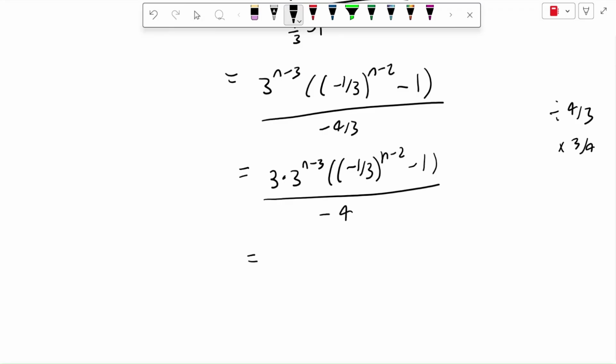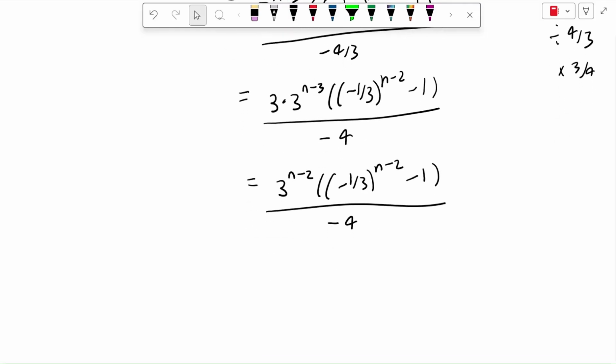And that will just become 3 to the power of n take 2 up the top, minus a third to the power of n take 2, take 1, all over minus 4. Next thing I'm going to do is FOIL the 3 to the n take 2 in, so that'll go in like that. So that would be 3 to the n take 2 times minus a third to the power of n take 2, minus, and then we want to FOIL the 3 in there.